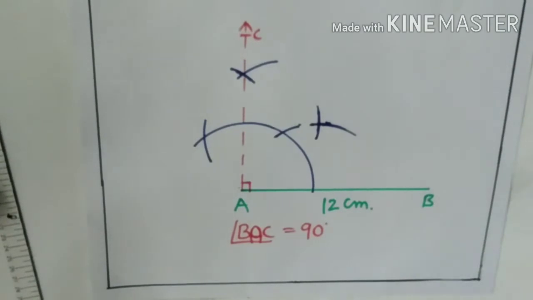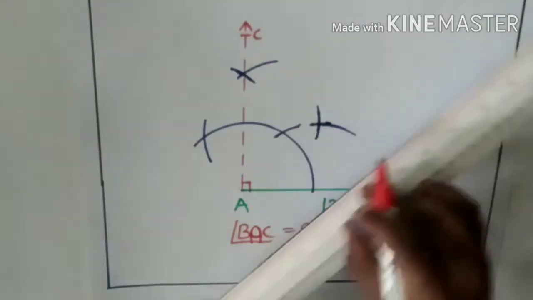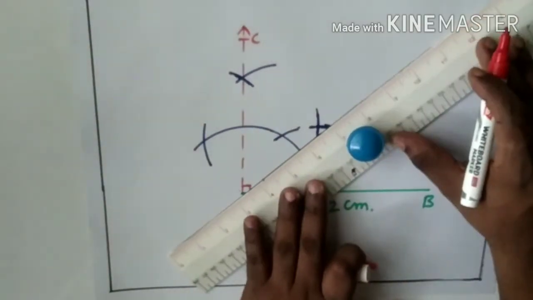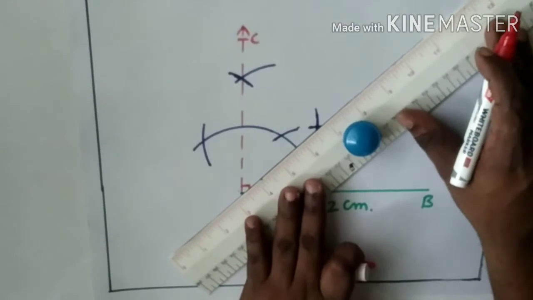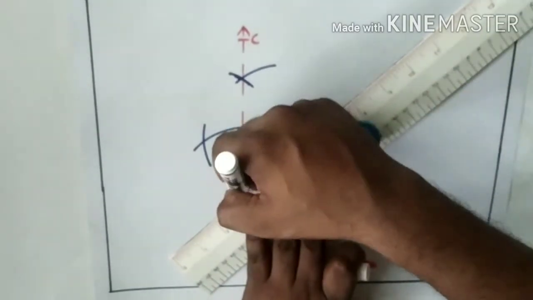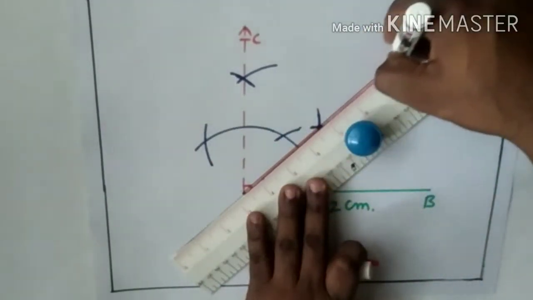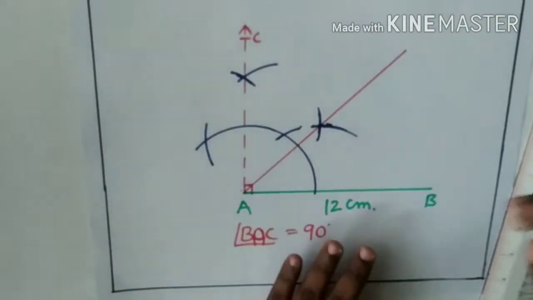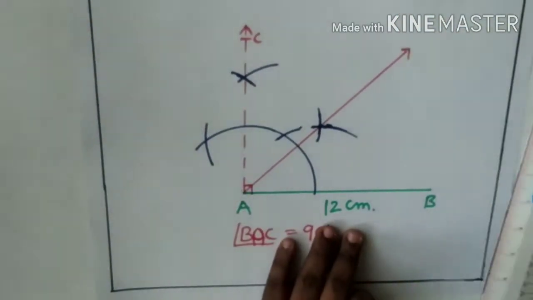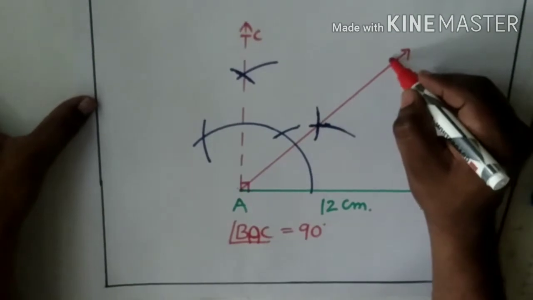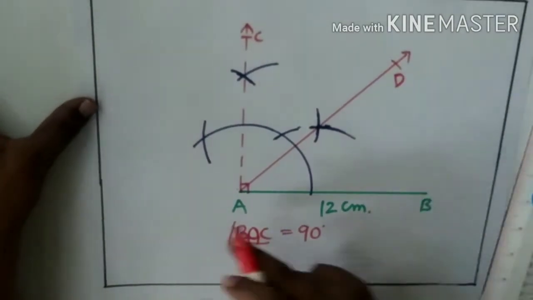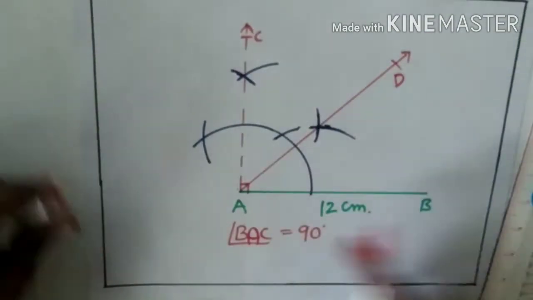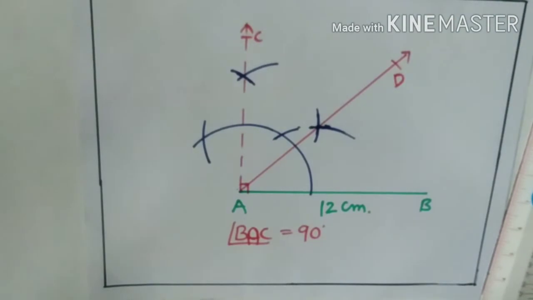Now you need to join from A to that line, from the vertex of 90 degrees to the ray where the two arcs are intersecting. Suppose it is D, AD is the angular bisector of 90 degrees.